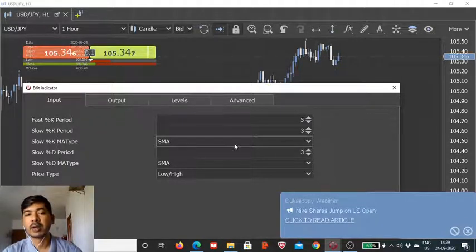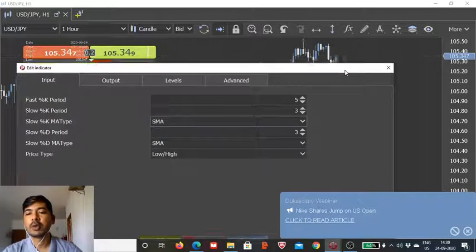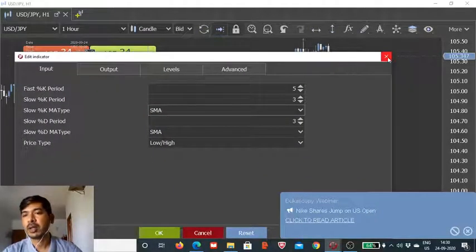So if we take the average of the average of the percent K period, we get the slow D period. The time frame for which we are doing the averaging needs to be defined here, and if we change the value, we will have different output values depending on the input parameters.